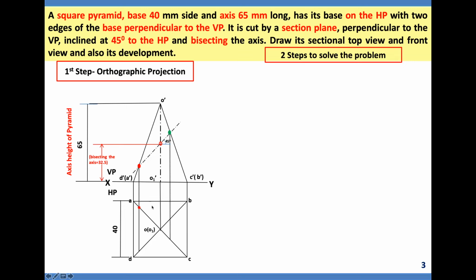The first point where I'm pointing the cursor, it has cut at this point. So let me call this 1, and after OA this is OB which has cut here. So this is 2. After OB next is OC which has cut here. So this will be 3. The last line is OD. So here it has cut. So I will mark this as 4. I have got the four cutting points.